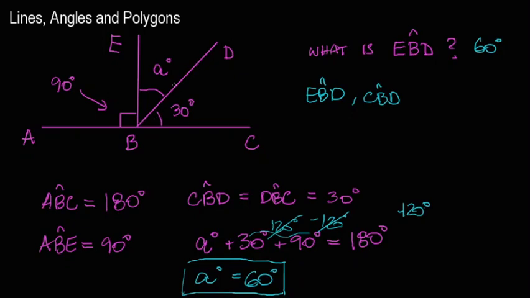What do they add up to? This one's 30, this one we have found to be 60. They add up to 90. So they are complementary angles.